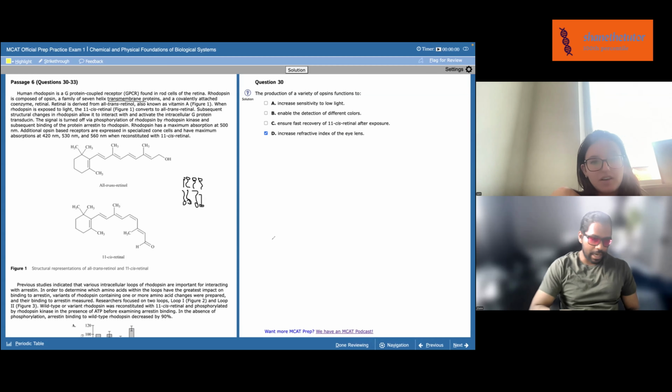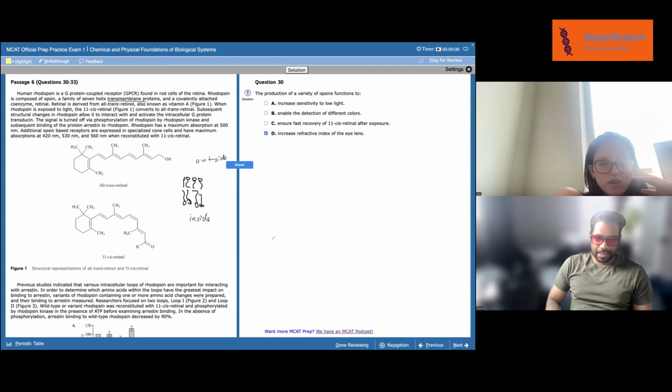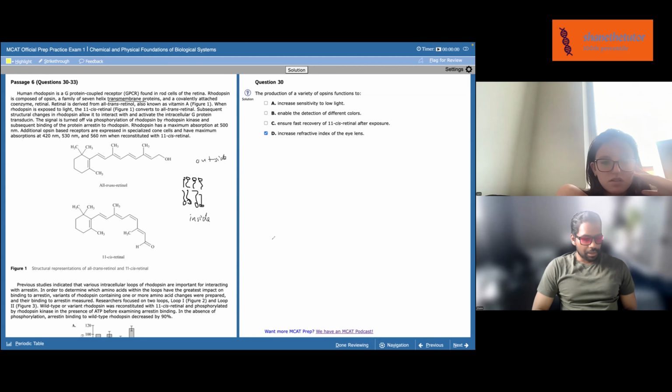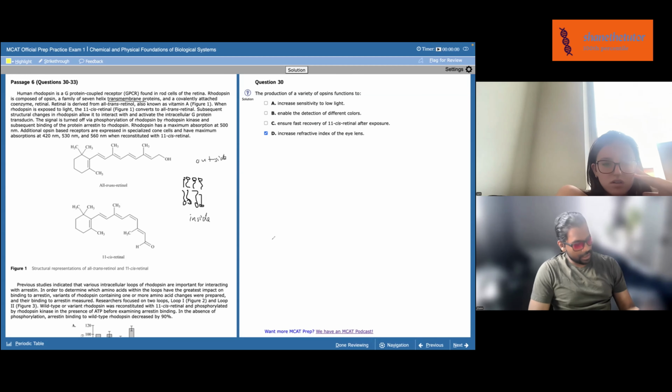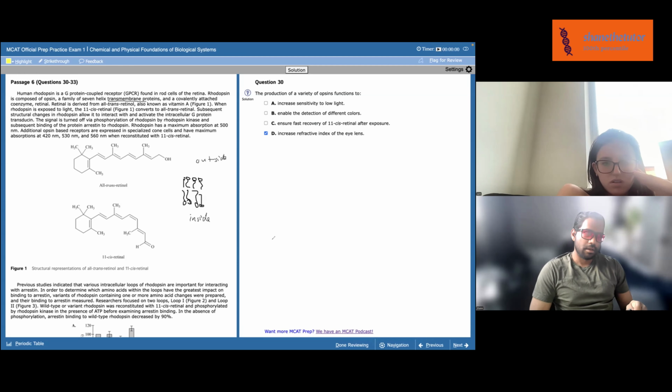So now, this is the inside of the cell, right? And this is outside of the cell. In the inside of the cell, what does that mostly consist of?